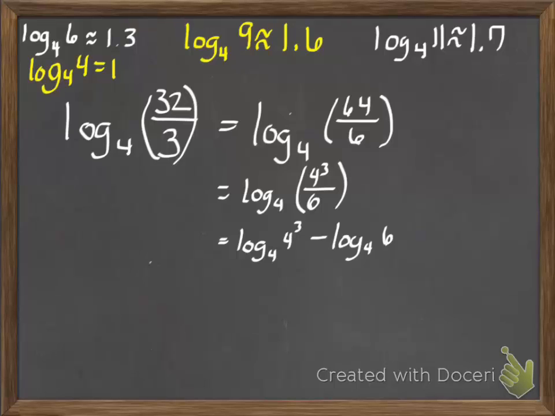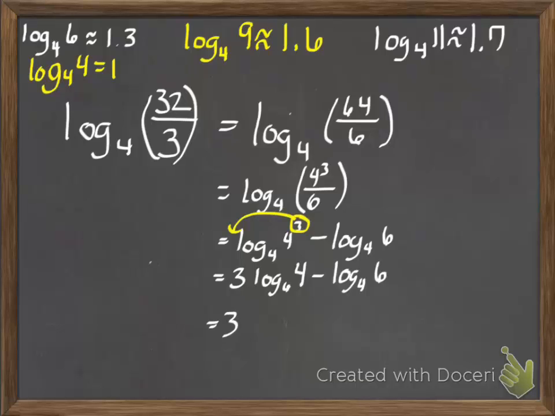So how can I deal with that cubed? What will happen with it? And so we have 3 times log base 4 of 4 minus log base 4 of 6. And some of you may not be showing that middle step. You may go ahead and move that to a coefficient spot whenever you know there's an exponent. That is fine.